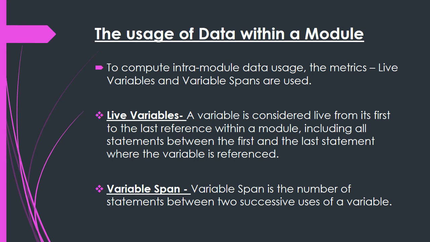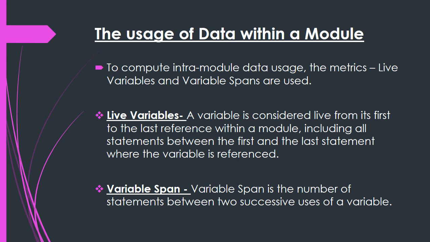We are calculating all the statements in which the particular variable is referenced inside that module, from the first statement to the last, and also how many times that variable is referenced between them.